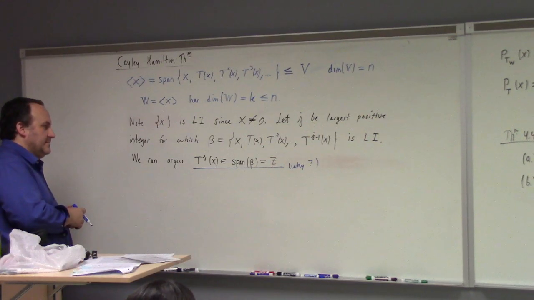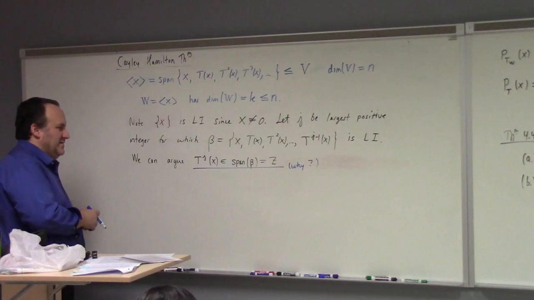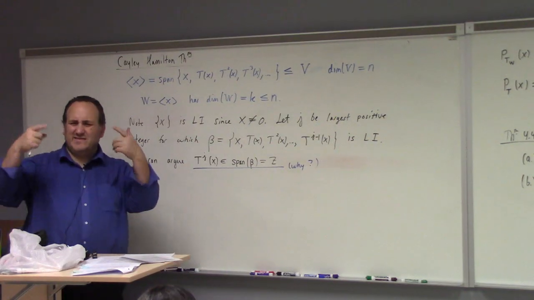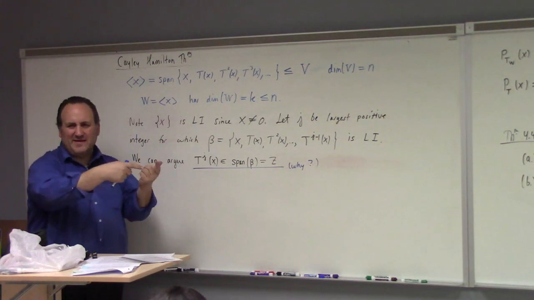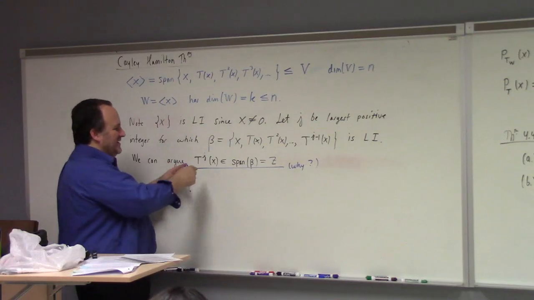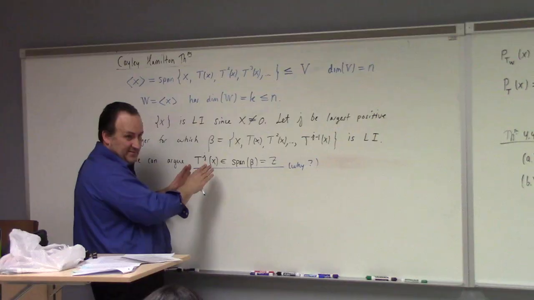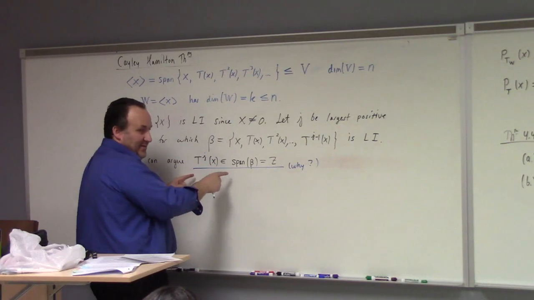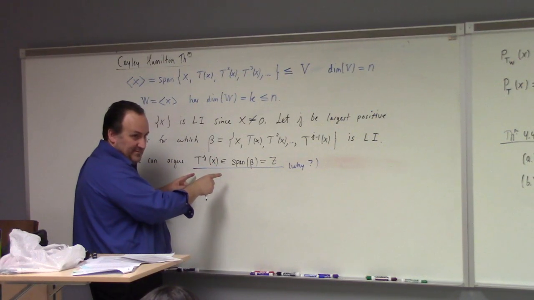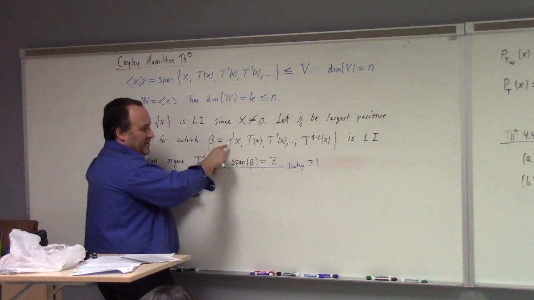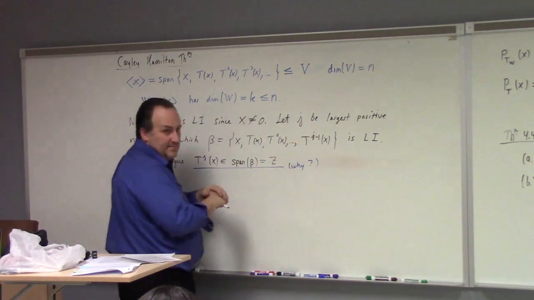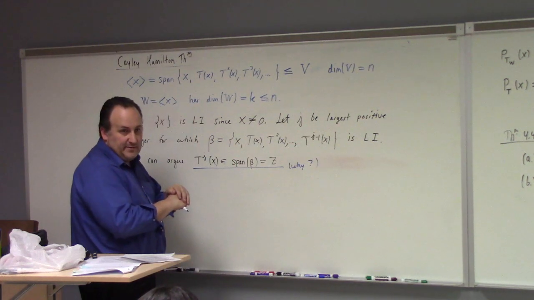Maybe it's just a clear contradiction, right? Oh, yeah. It's the maximality of the linear independence. That's it. Look, if this is not in the span of beta, then we can tack that on here, and it's still linearly independent.